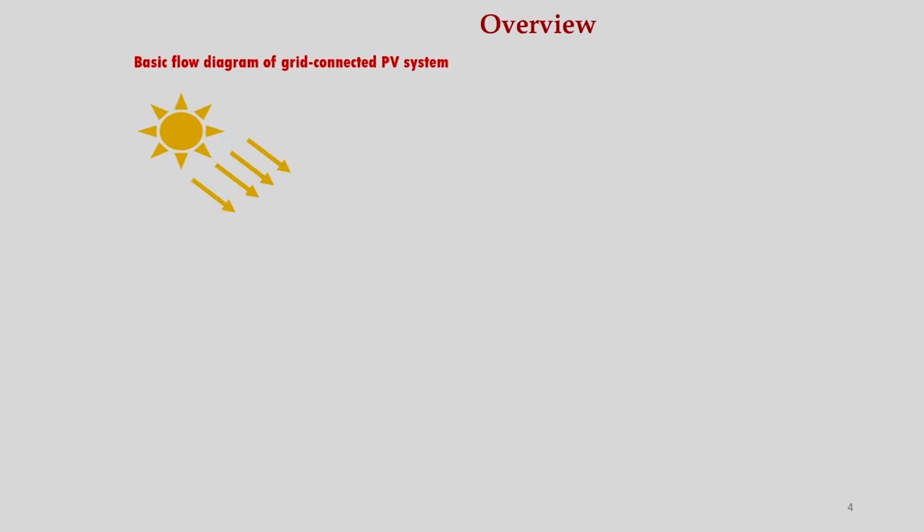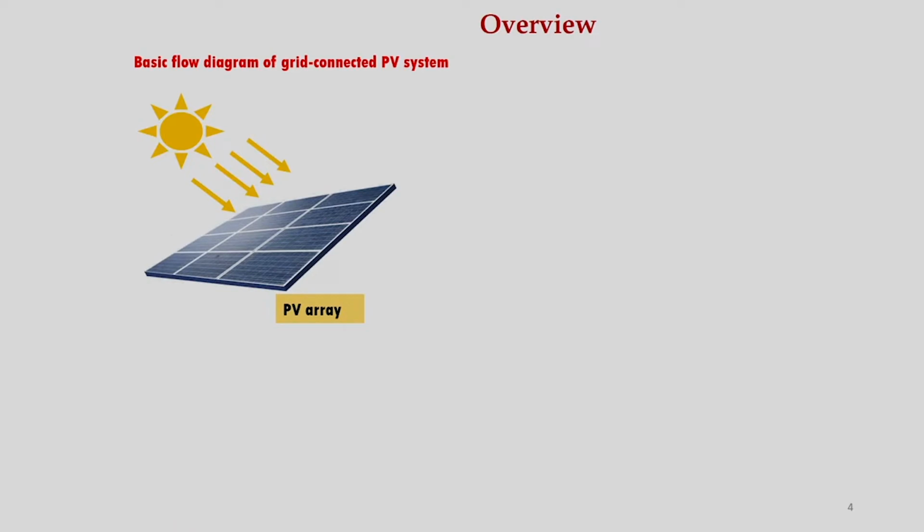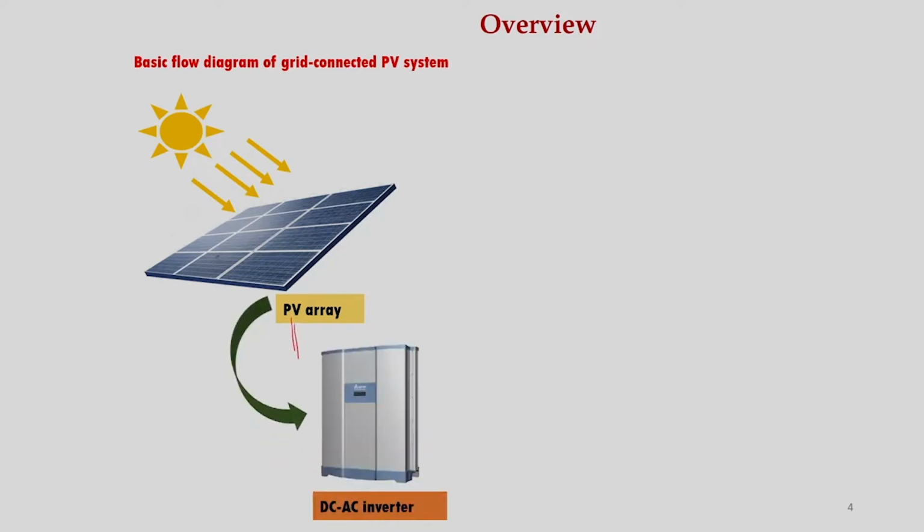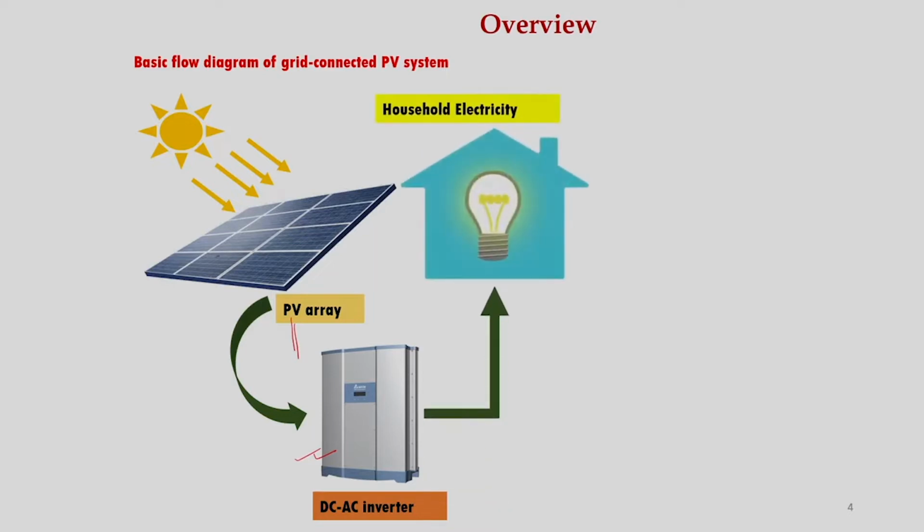Now, see the basic flow diagram of a grid connected PV system. We have the sun, so electromagnetic radiation will come and strike the PV surface and then we can generate DC current. Then that has to be converted to alternating current by using an inverter, which can then be connected to some load.